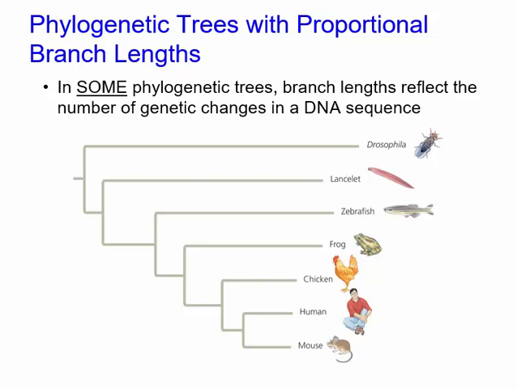The branch lengths might represent that. It might not just be a bifurcation. And so in this example here, we see branch lengths of different lengths. We're not just seeing even length branches with splits. As we see here, the branch lengths are all different. And the length of these are a reflection of the genetic differences between these organisms.